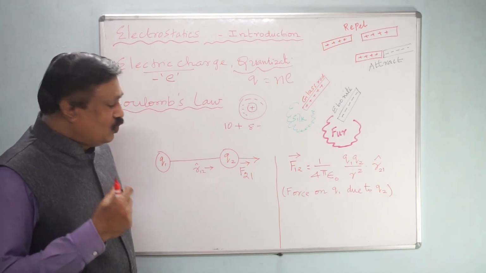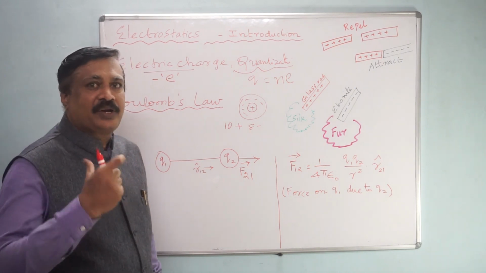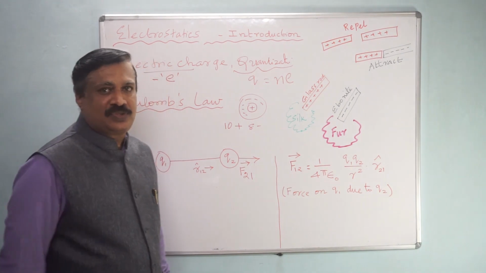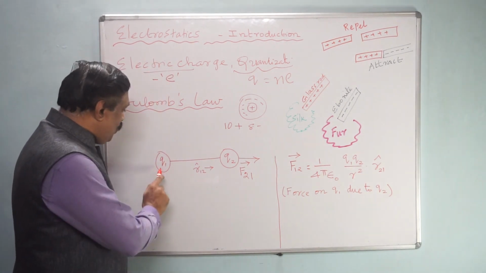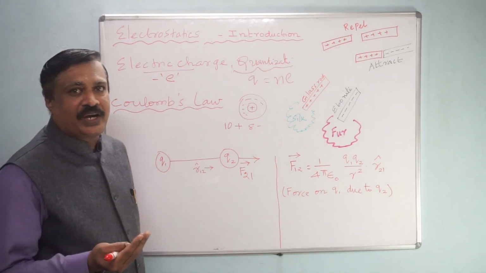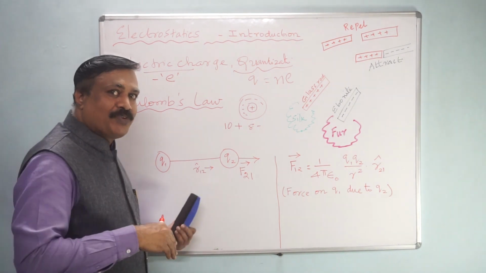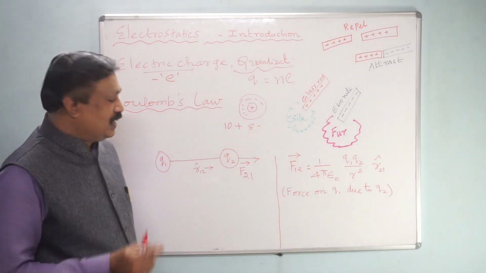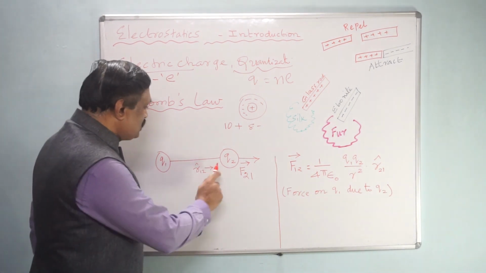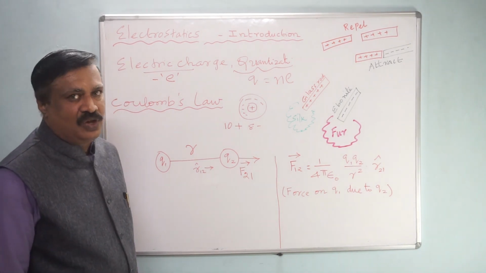Coulomb's law states the force of attraction or repulsion, or you can say interaction, between two charges. Let us assume Q1 is a charge and Q2 is a charge. Both may be positive, both may be negative, or one may be positive and one negative. Consider two charges Q1 and Q2 separated by a distance r.